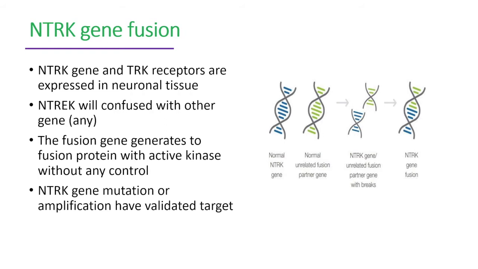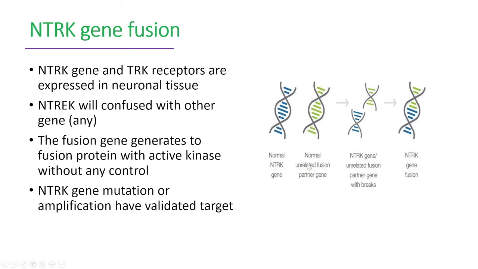It's a neurotrophic tropomyosin receptor tyrosine kinase, and it has 1, 2, and 3. And simply, if you look at the normal NTRK gene, what happened, it's attached and fused with another gene. It's not even related. It doesn't matter which gene, it could fuse with any gene, and it could present the NTRK gene fusion.